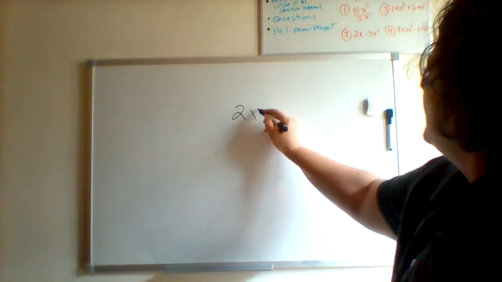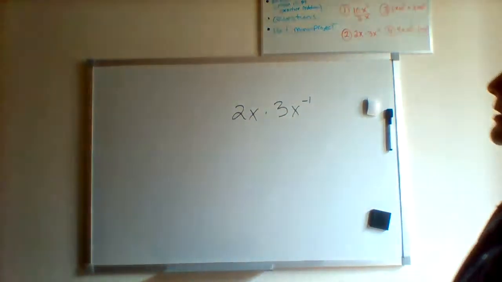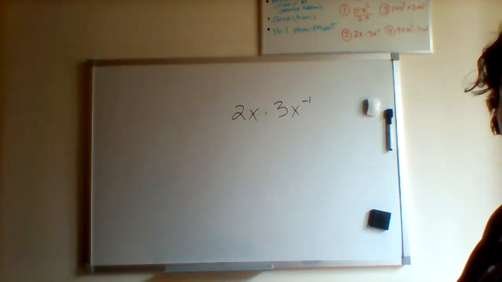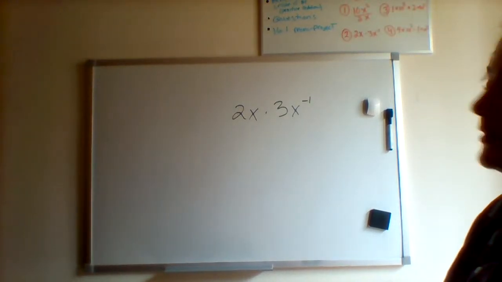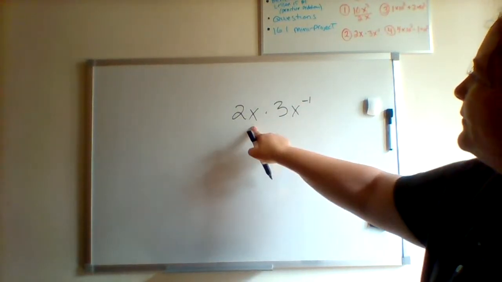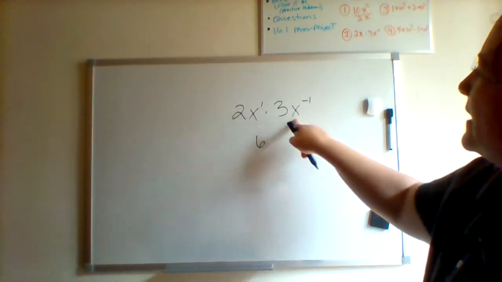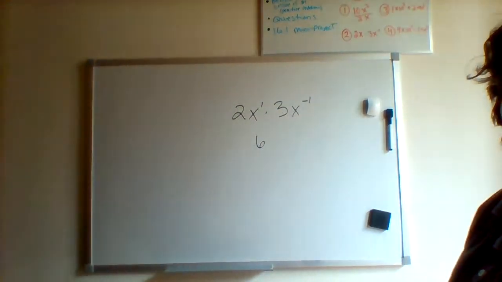We have 2x times 3x to the negative 1. Same idea here. What's 2 times 3? It's 6. And then if I have the same base, what do I do with those exponents when they're connected by multiplication?